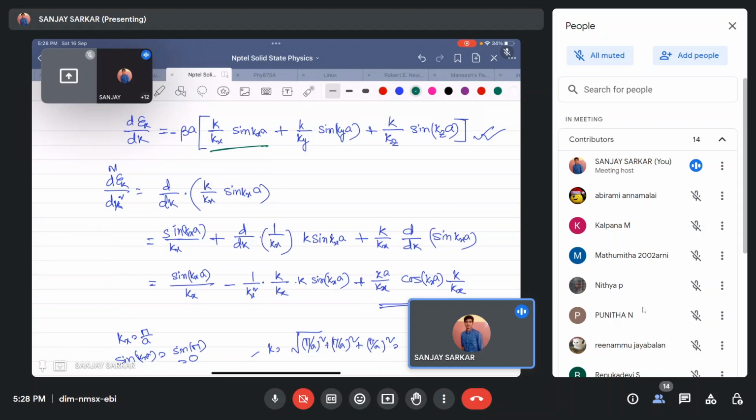We are left with this value only, plus k by kx into the derivative of sine kxa, and we get ka divided by kx into cos kxa, and we have another term.